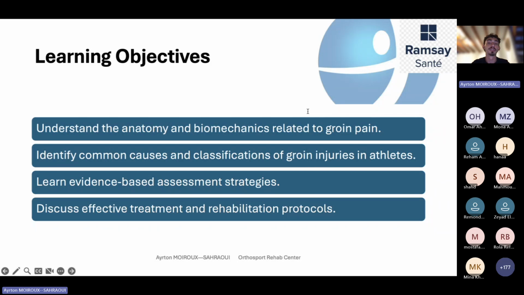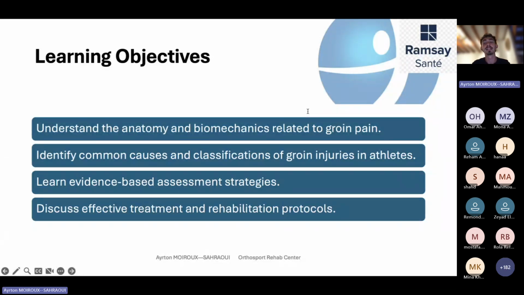You'll be able to identify causes and classification, differentiate between various types of groin pain, including adductor-related, iliopsoas-related, inguinal-related, and pubic-related pain, and understand the implications of acute versus chronic conditions.